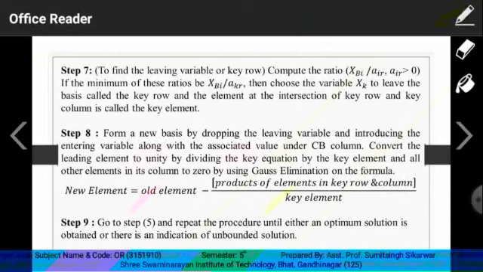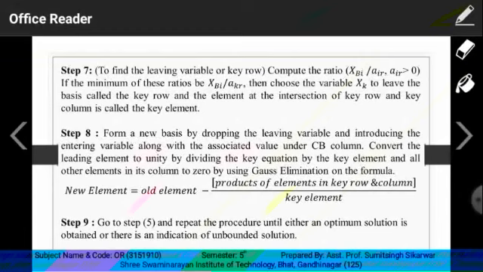Taking the minimum of these ratios, XBi divided by Akr, we'll choose the variable Xk to leave the basis, which is called the key row. And the element at the intersection of the key row and key column is called the key element.